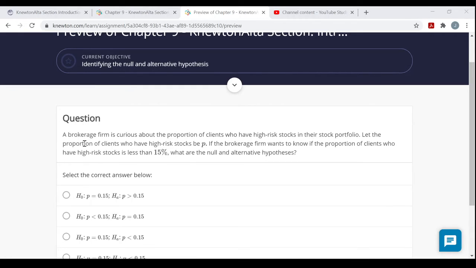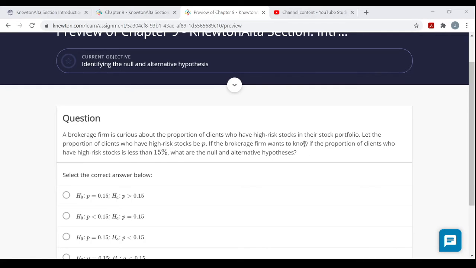Let the proportion of all clients, the population proportion, that have high-risk stocks be P. If the brokerage firm wants to know if the proportion of clients who have high-risk stocks is less than 15%, what are the null and alternative hypotheses?